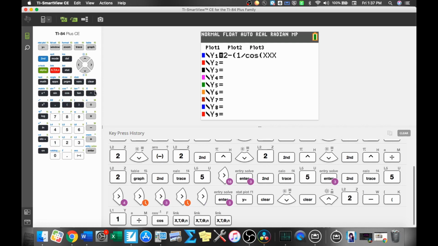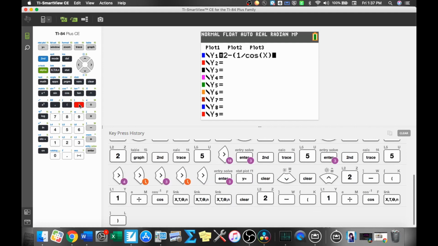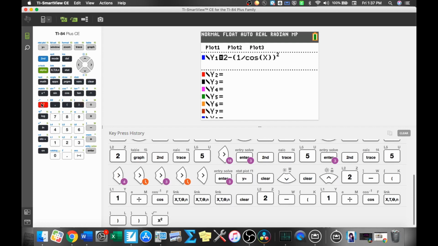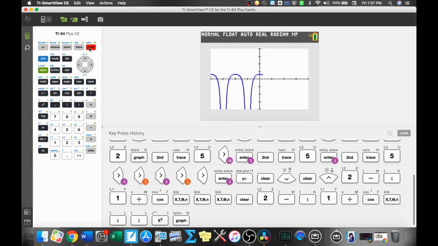I need to close the parenthesis on the x, close the parenthesis on the 1 divided by cos x, and then square that. So this would represent 2 minus secant squared x. I have my y window in there from the last problem, and I can just leave it as it is. That's fine. And I'm going to take a look at the graph.